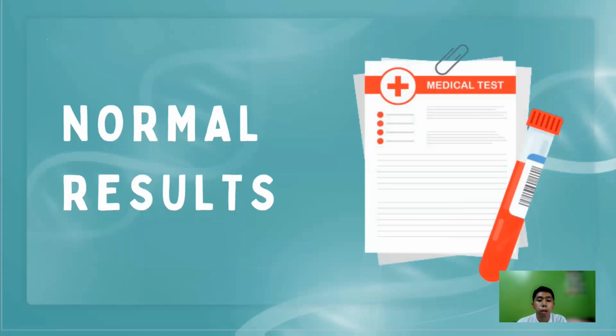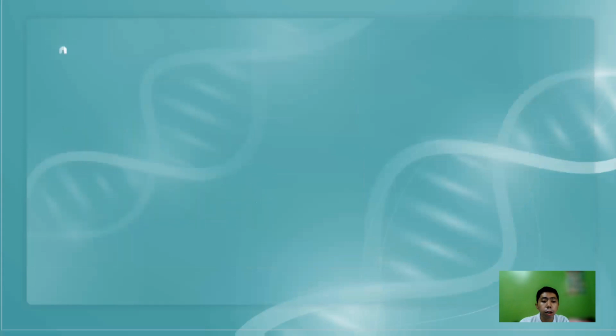Normal result. Reference ranges vary from laboratory to laboratory and also depend upon the method used. However, normal values are generally framed by the range shown in the table. Values for enzymes are based upon measurement at 37 degrees Celsius.